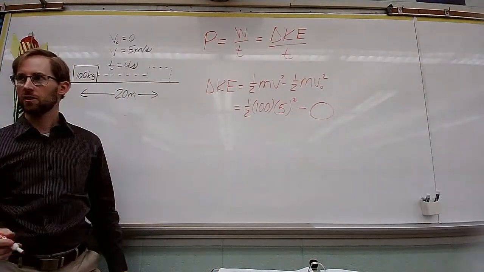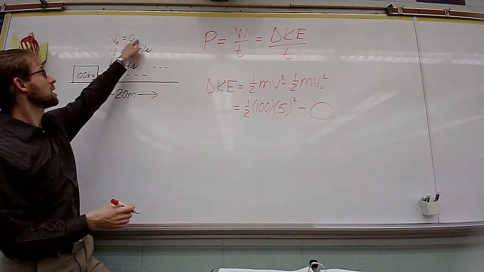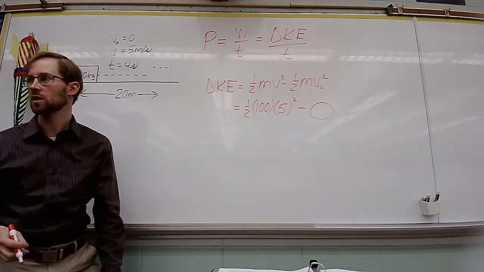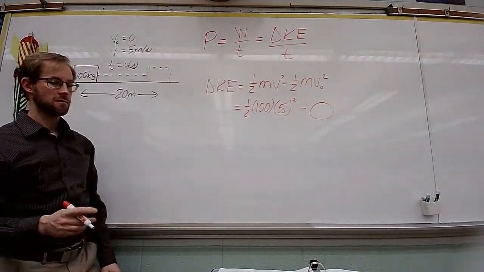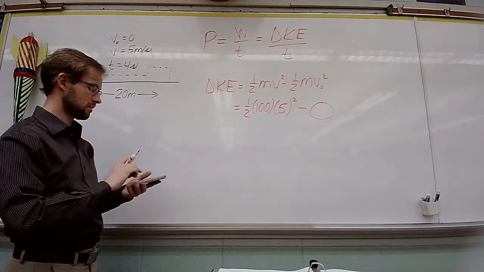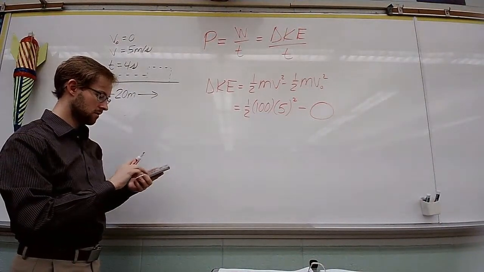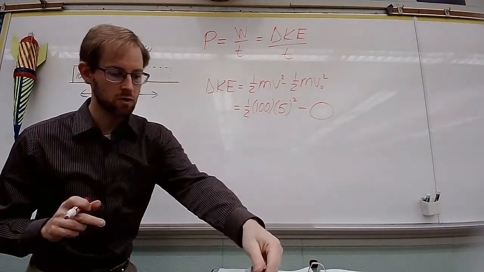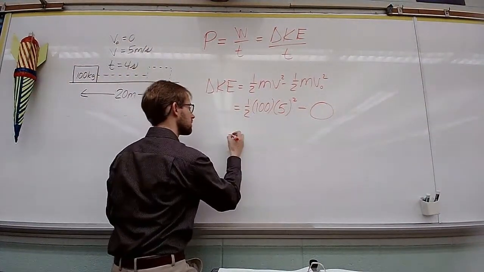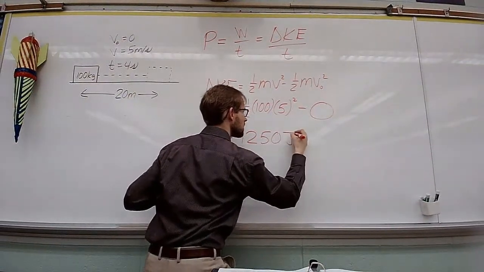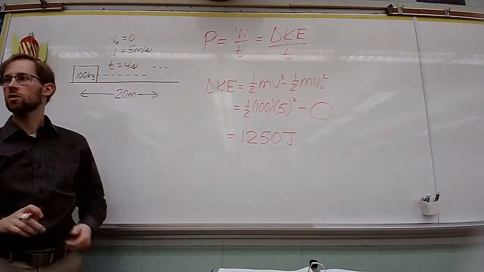Original velocity is equal to 0, so that means the entire original kinetic energy will be equal to 0. So let's see what we get. 1,250 joules. So that's equal to the change in kinetic energy.